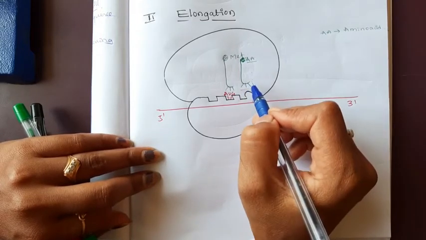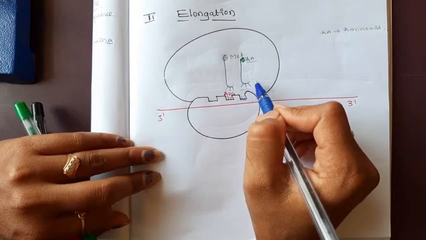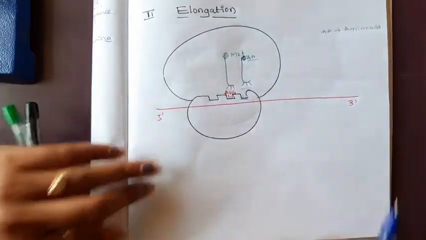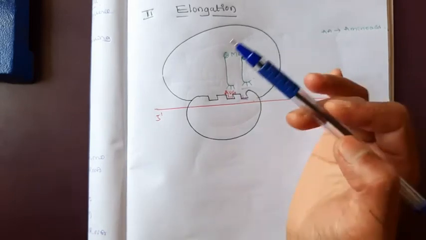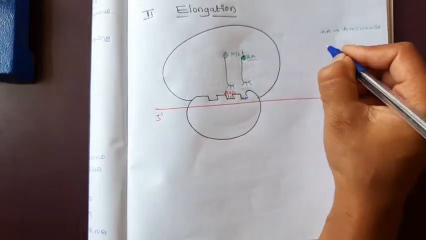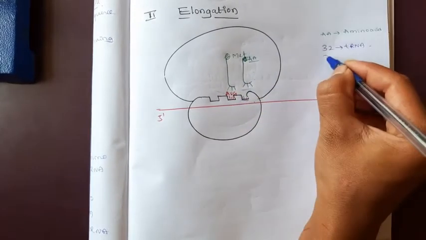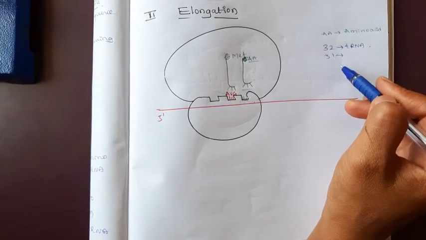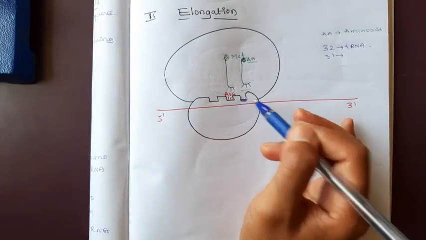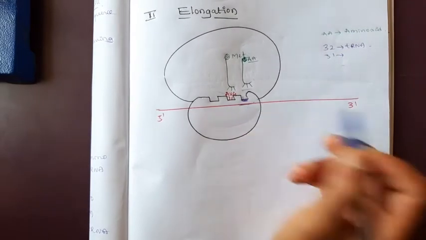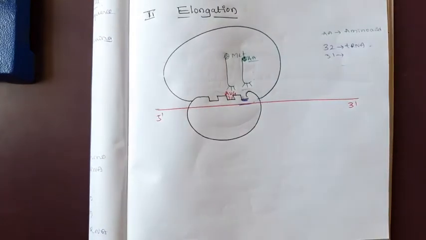That's why all the 31 tRNAs will come and check the codon, and the tRNA having the specific amino acid which is coded by the codon will sit. Here, the mRNA has codons that are very specific. I say 31 because there are a total of 32 tRNAs, one tRNA is already fitted, the remaining are 31. Among those 31, the tRNA that fits the codon, whichever amino acid that codon codes for, that particular tRNA will bind to the A site.